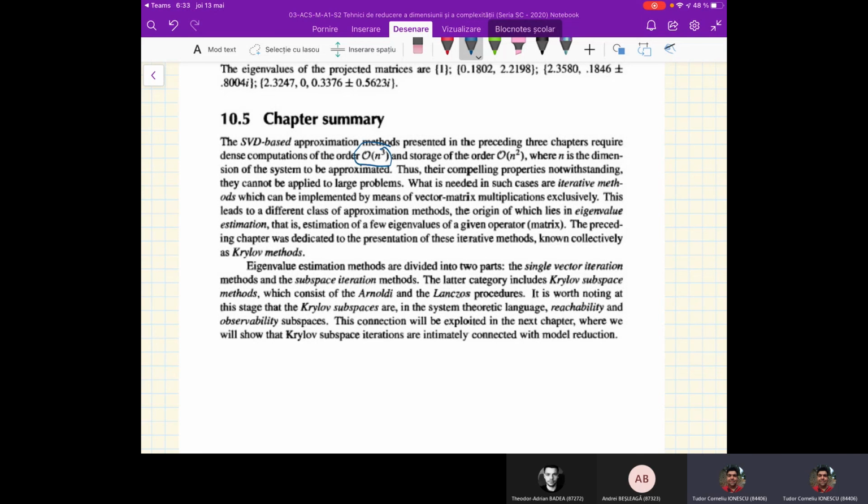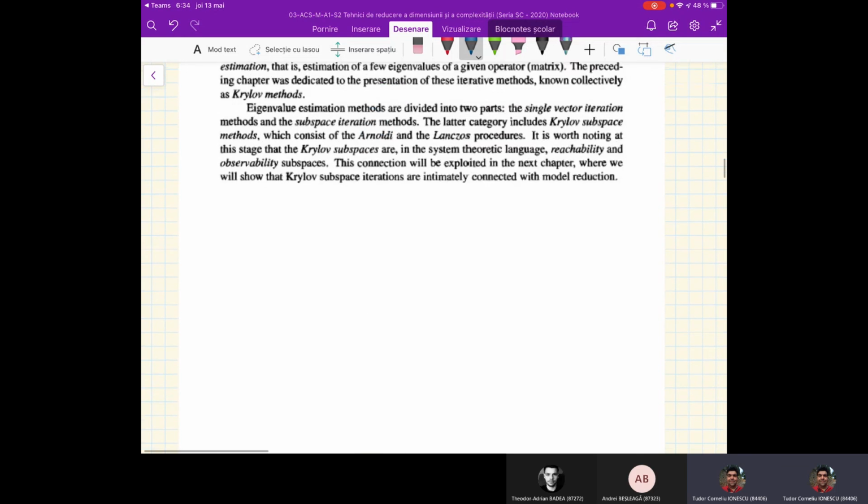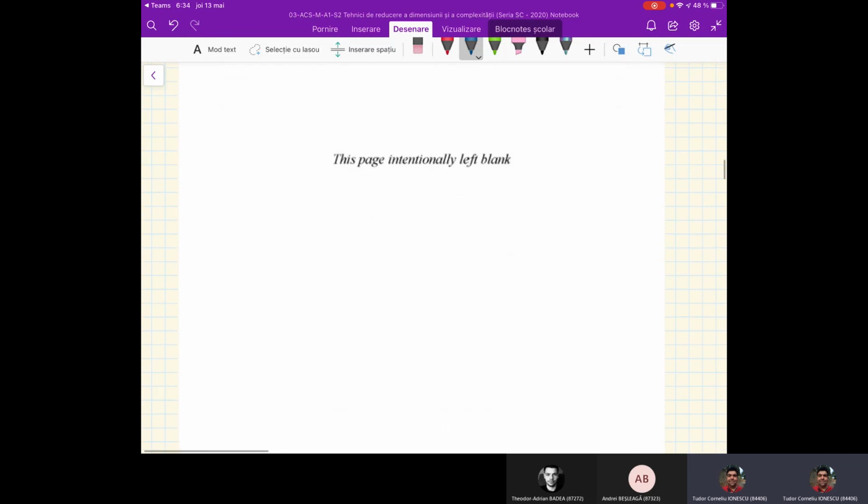These methods with their iterative procedures help us get efficient algorithms completely applicable to extremely large dimensions, such as millions of equations. These are the so-called Krylov methods.